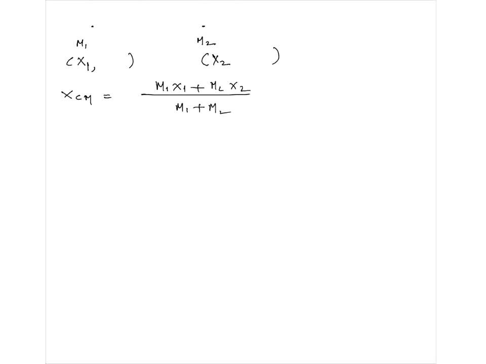Isn't it interesting? It is effectively speaking that you have replaced the left cluster of particles by just one point called m1. And where have you placed m1? You have placed m1 at the center of mass of the left cluster.